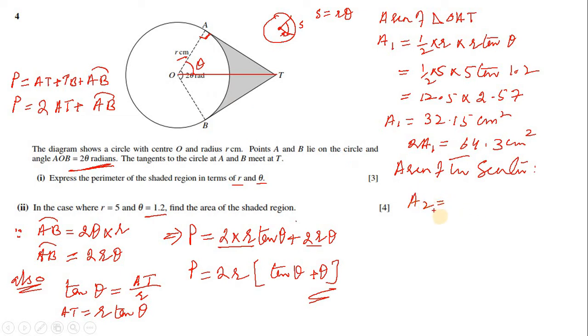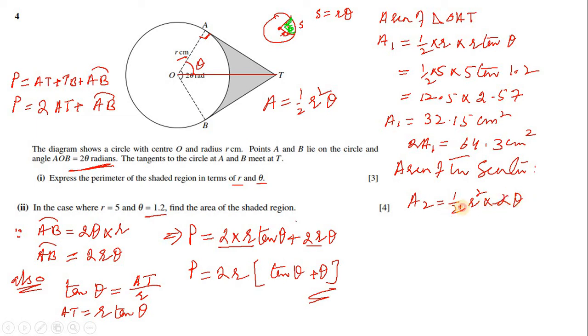So area of the sector is half of, generally the formula for area of any sector, half of r square theta. If you need to find area of the sector, angle theta, radius r, so half of r square theta, but in our sector the angle is given as 2 theta, so half of r square 2 theta.